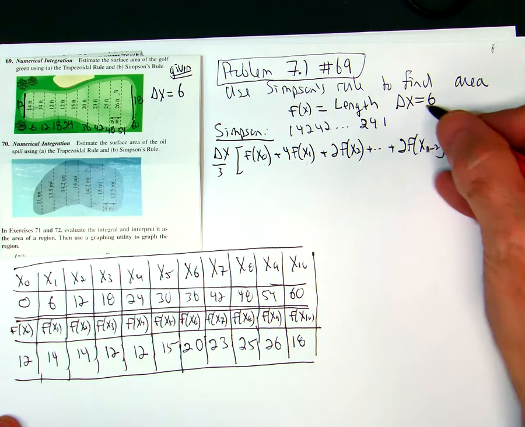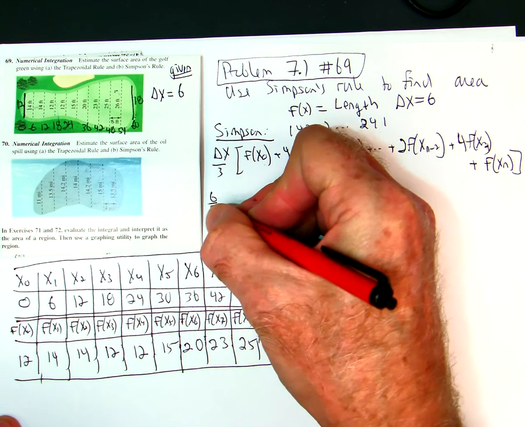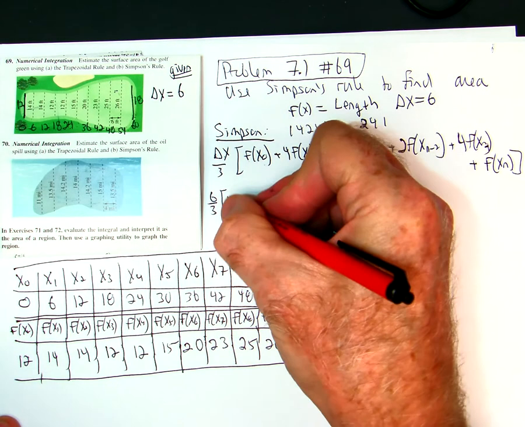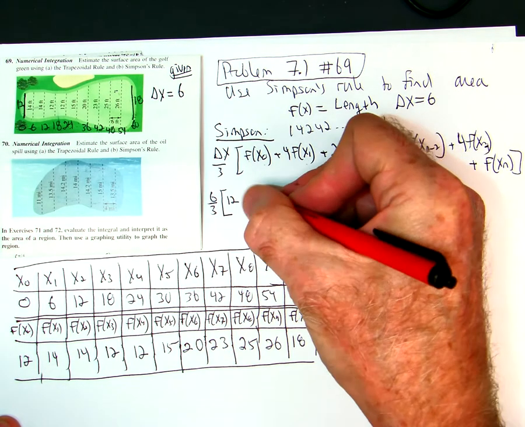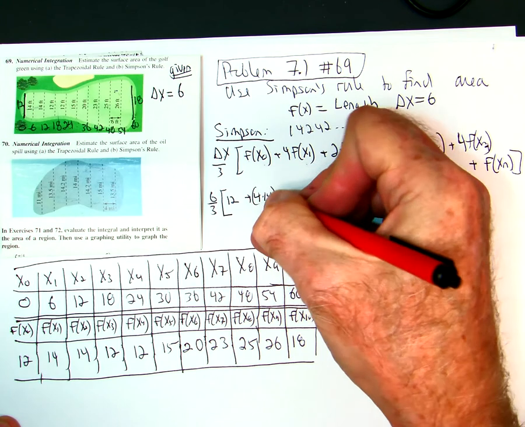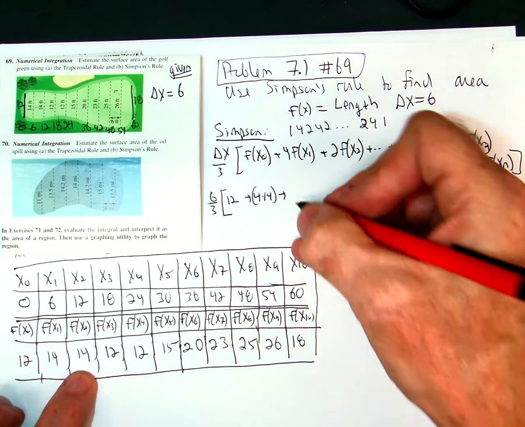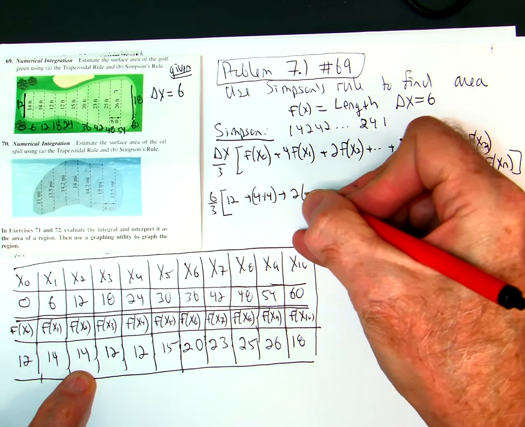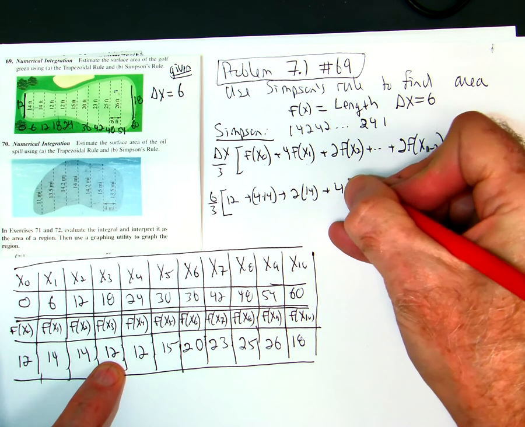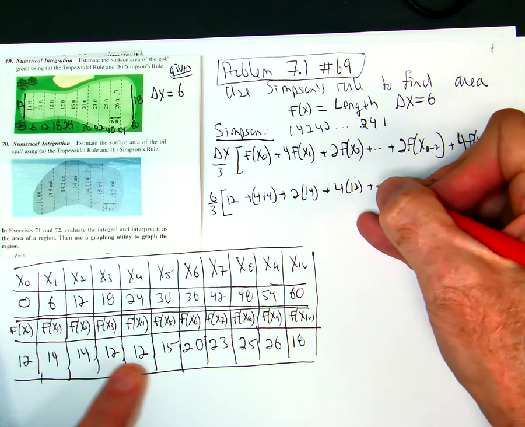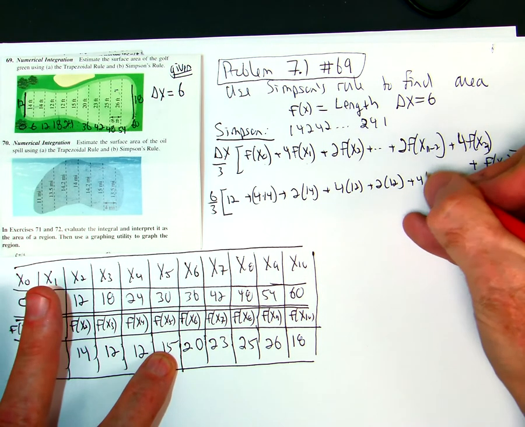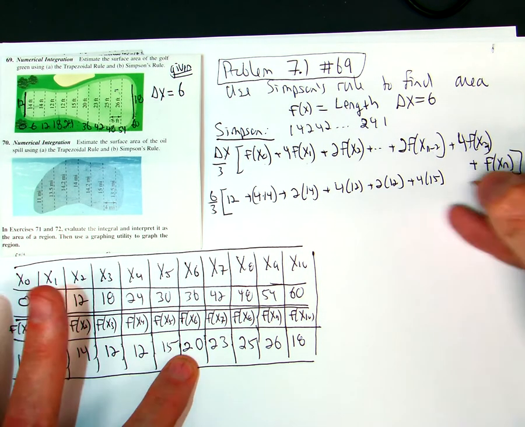So my delta x is 6, so I get 6 over 3. f of x0 is 12. f of x1 is 14, so 4 times 14. Then 2 times x2, 2 times 14. 4 times 12. 2 times 12. 4 times 15.